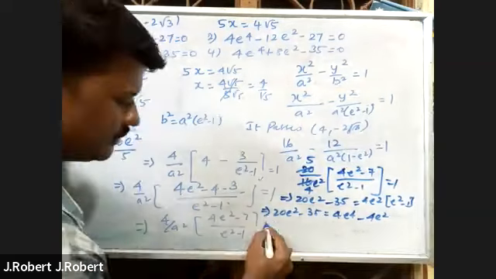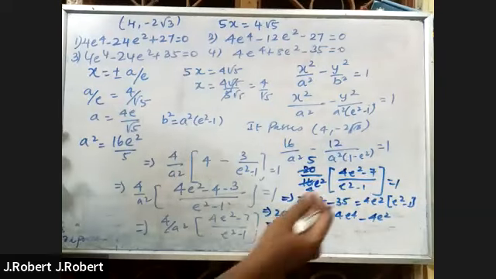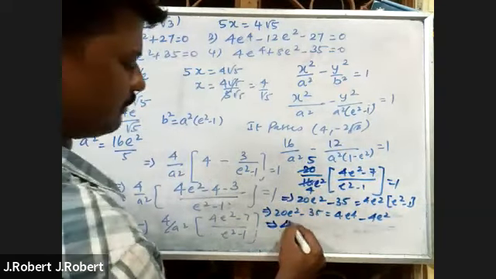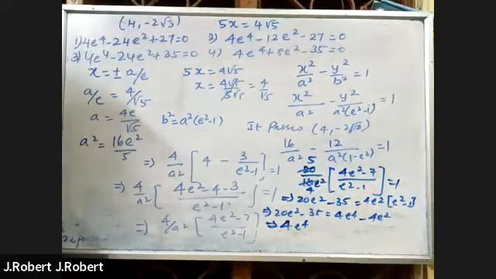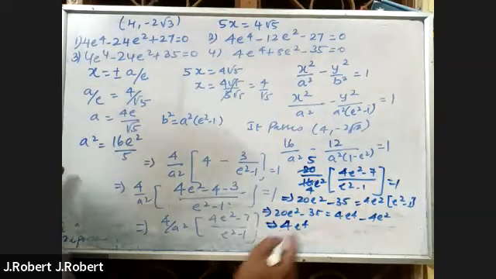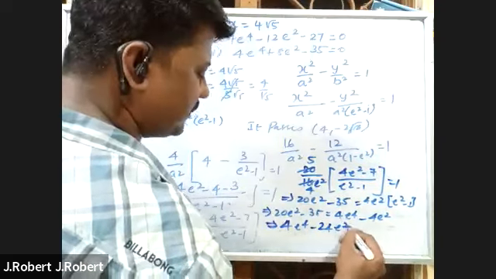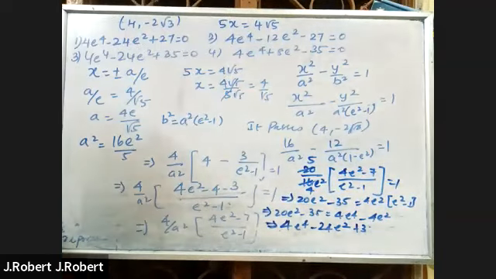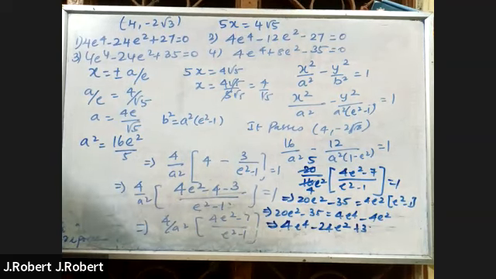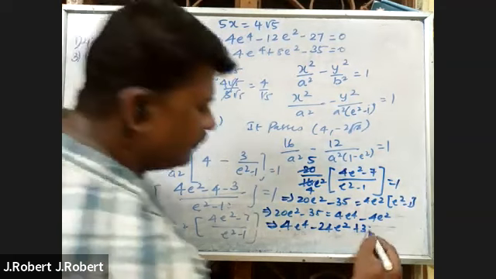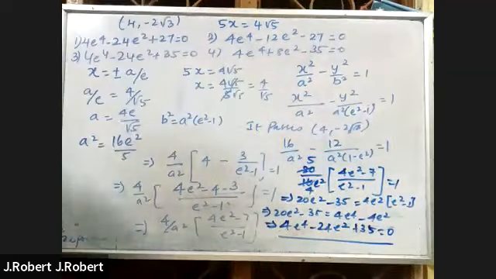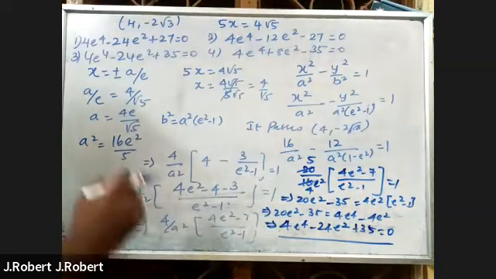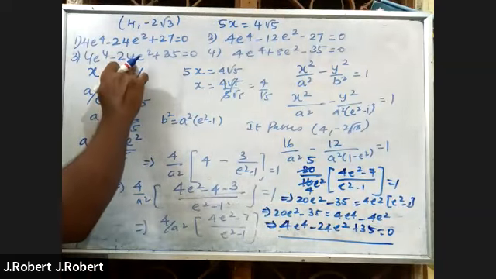Simplifying, bring the 20 e square to that side: minus 4 e square minus 20 e square becomes minus 24 e square, and minus 35 becomes plus 35, which equals 0. This is the relation we have found at last: 4 e power 4 minus 24 e square plus 35 equals 0.